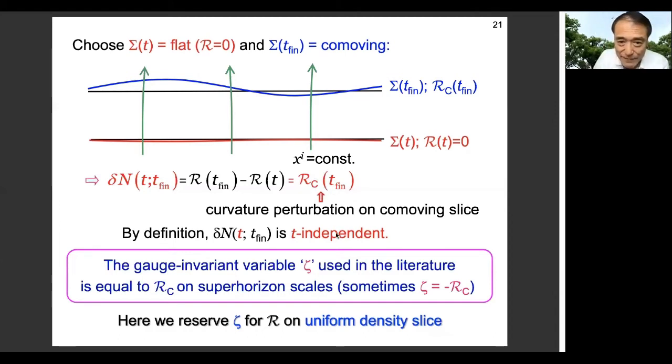Okay. Right. And by definition, for any t, if you choose the initial slice to be flat, then it's t independent.